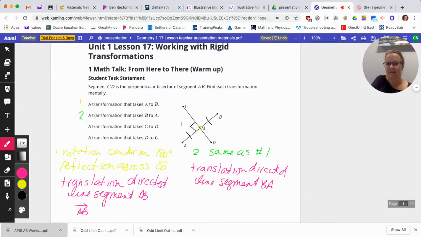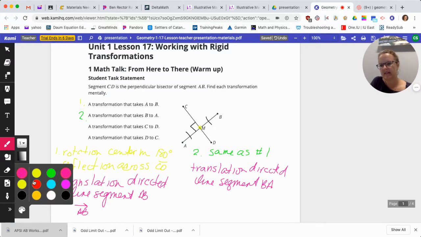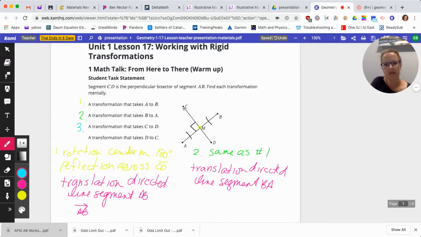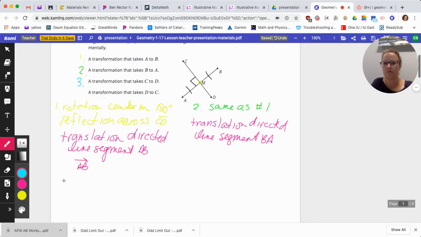Cool. All right, so how about a transformation that takes C to D? So we want C to D. So number 3, you can say a translation along directed line segment CD would take C onto D. I can't do a reflection over segment AB because CM and MD are not the same length.